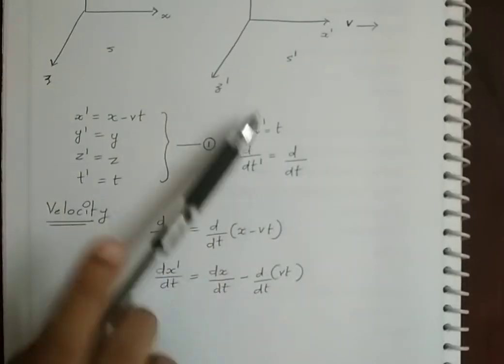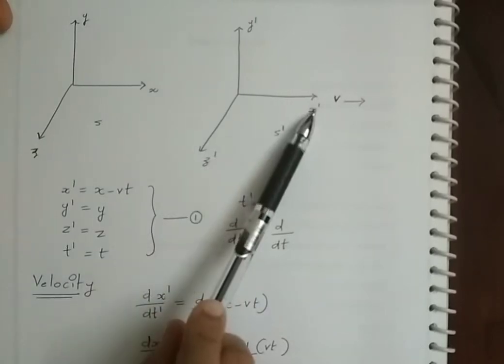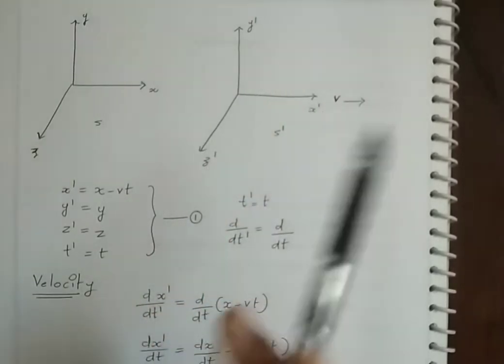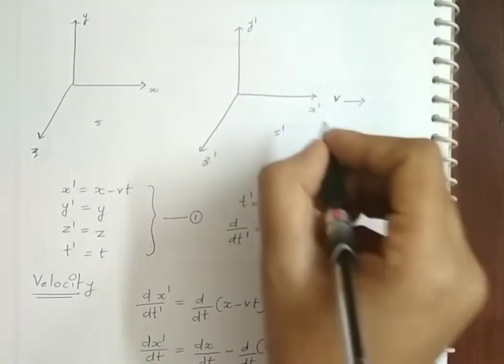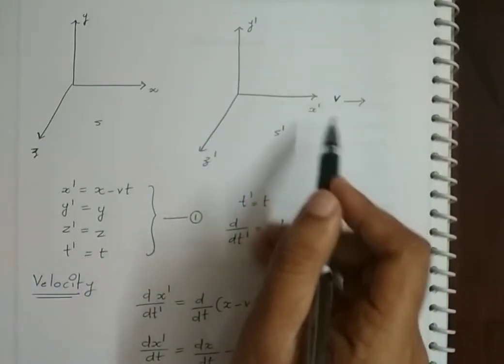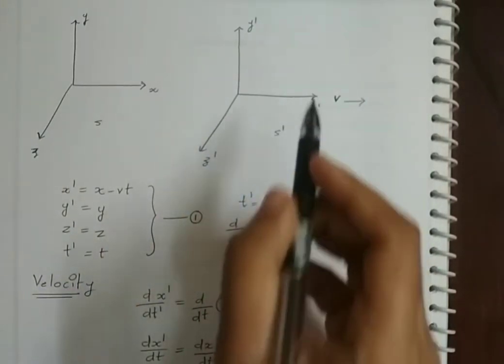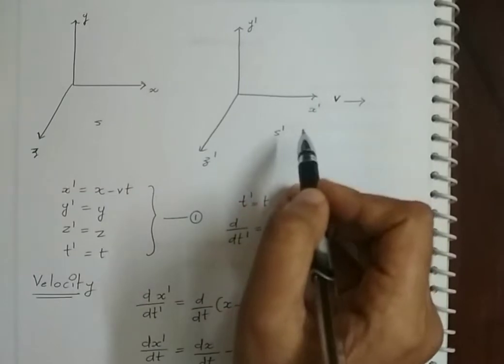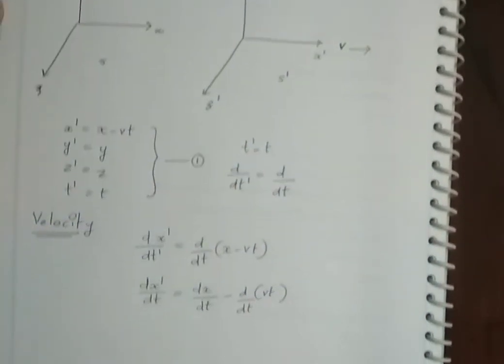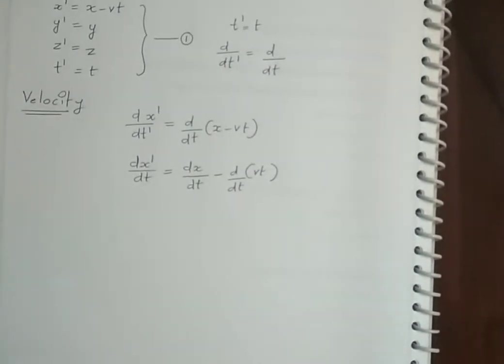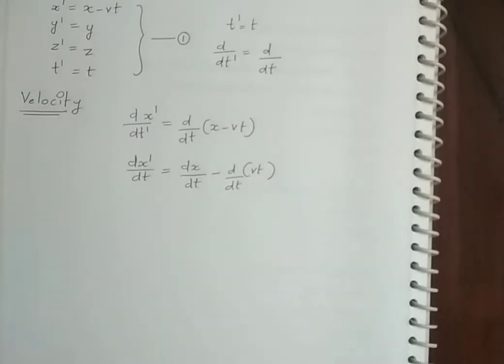We know that the second frame S prime is moving with a constant velocity v. That means this v is a constant, say 10 meters per second or 10 kilometers per hour, a constant value. So we consider v as a constant throughout.